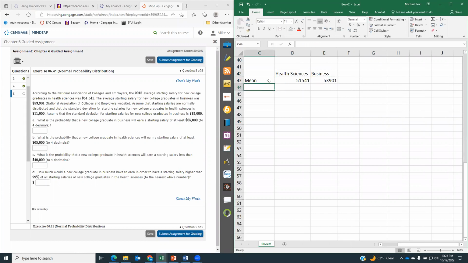Then it gives us a standard deviation for health sciences of 11,000, and for business of 15,000. Now we have the info we need to find the probability that it's less than something and the probability that it's more. Oh, you know what we need though? We're going to need some value of x. So I'm going to move these down.